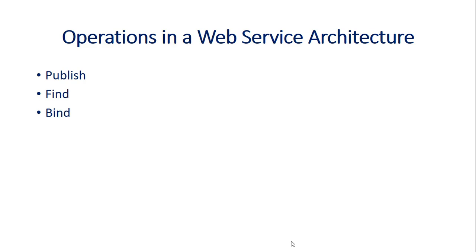Third, the bind. Eventually, a service needs to be invoked. In the bind operation, the requester invokes or initiates an interaction with the service at runtime, using the binding details in the service description to locate, contact, and invoke the service.